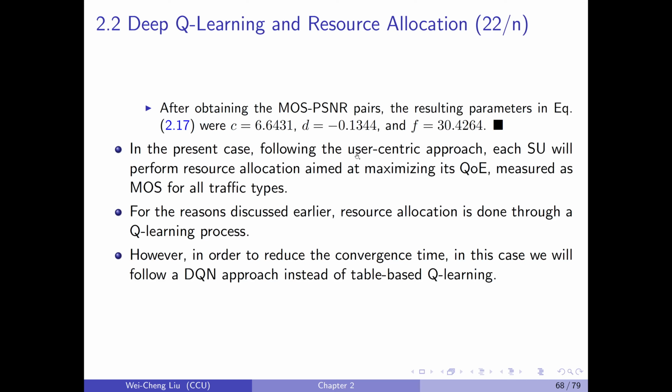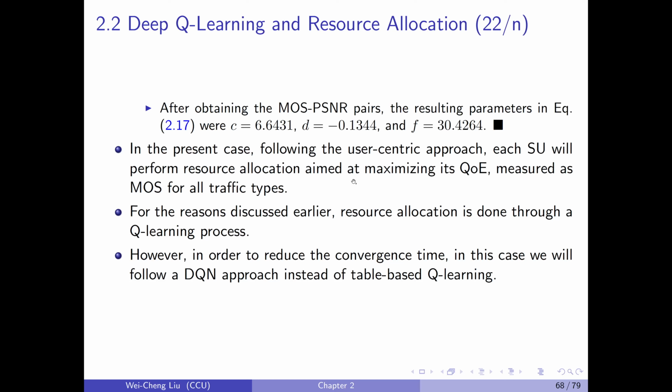In the present case, following the user-centric approach. What is the user-centric approach? That is an approach which treats users as center. Each secondary user will perform resource allocation aimed at maximizing its QoE.